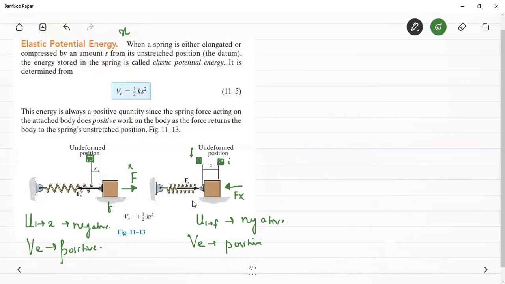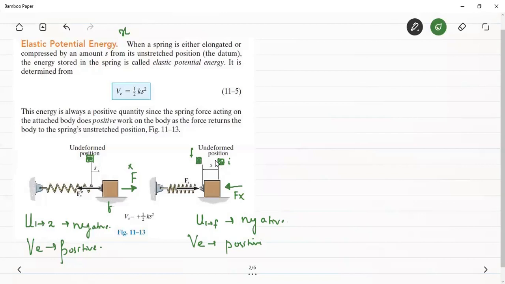So we can say that the spring force does negative work when it is deformed, when it is compressed or elongated from its undeformed position.